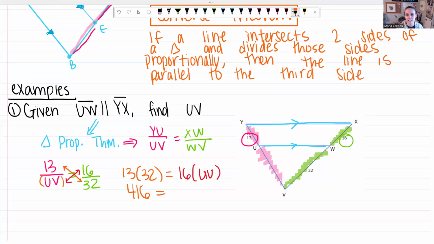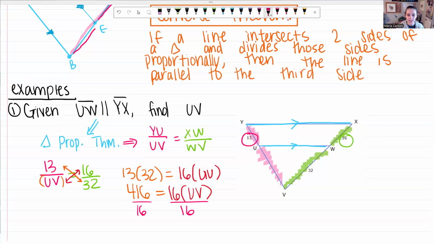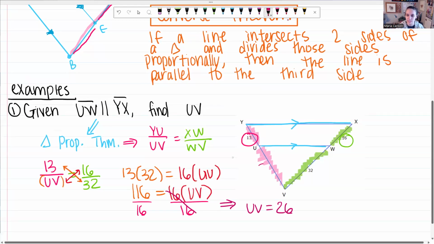So 416 is equal to 16 times UV. And then I can divide both sides by that 16. So the actual length of UV is 416 divided by 16, which gives me 26 units.